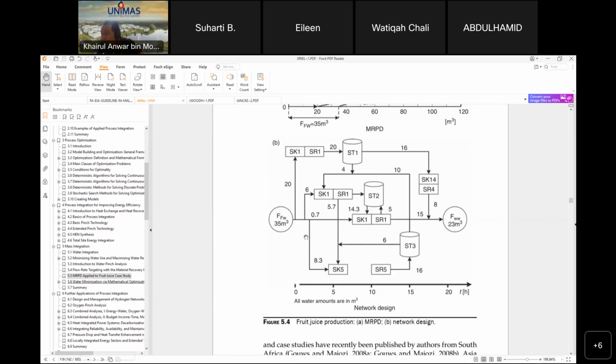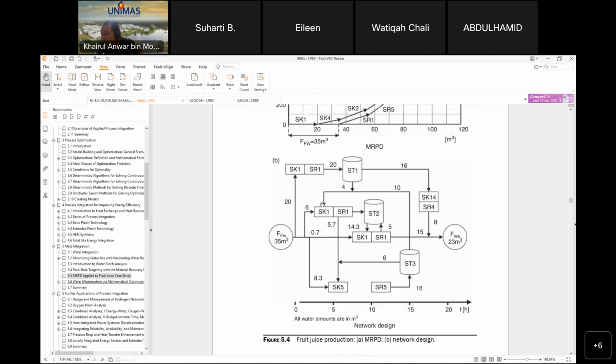So freshwater based on the MRPD, from 35 cubic meters of freshwater, 20 goes to SK1. I'm not sure what SK1 is here. SK1 refers to some process or unit operation. Then SR1, 20 goes to ST1. I don't know what ST1 is.